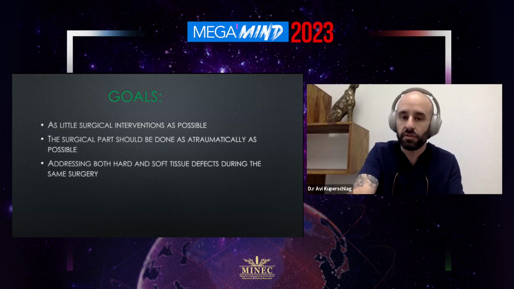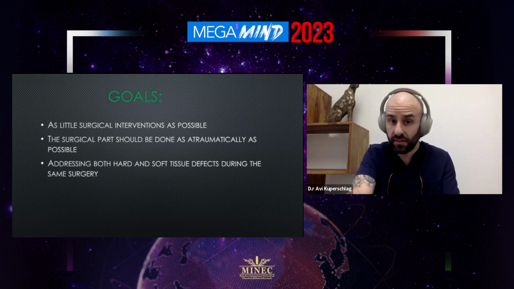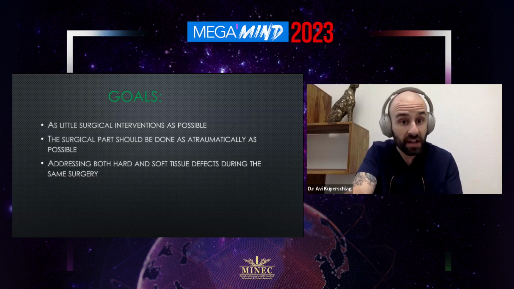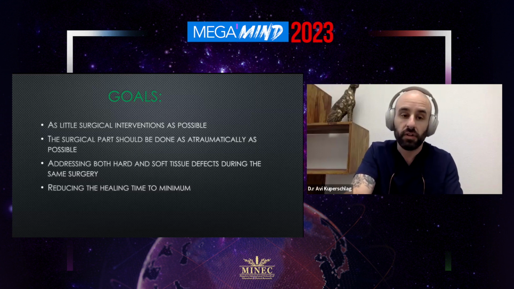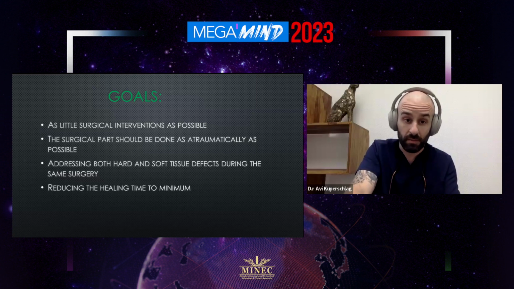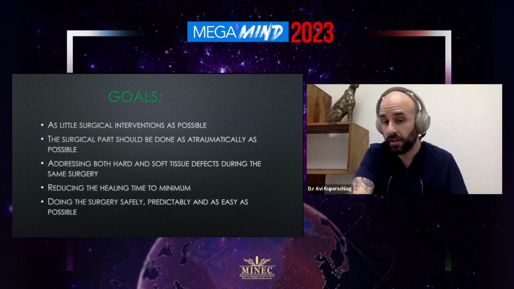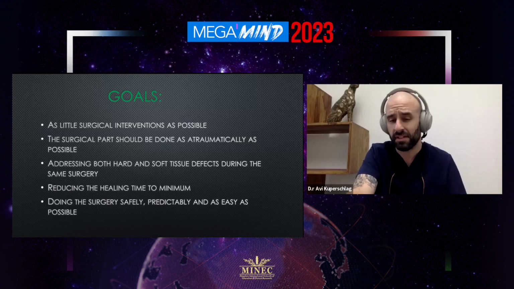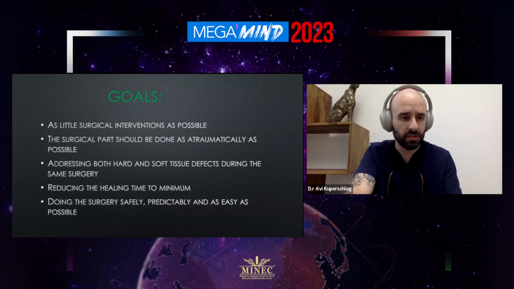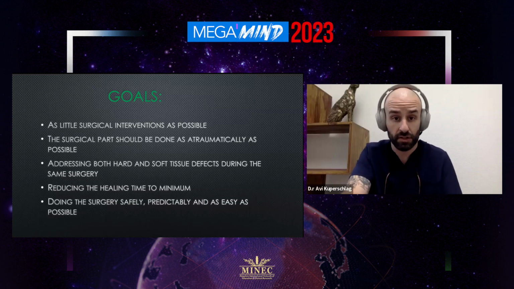I would really like to address both hard and soft tissue defects during the same surgery, if possible. And of course, reducing the healing time to a minimum and doing the surgery safely, predictably, and as easy as possible. These are the most important factors for me as a surgeon.